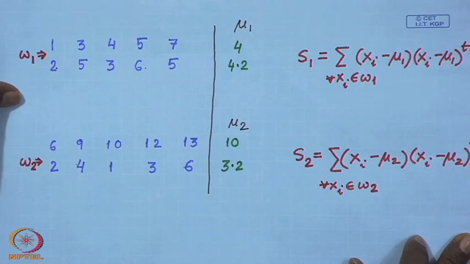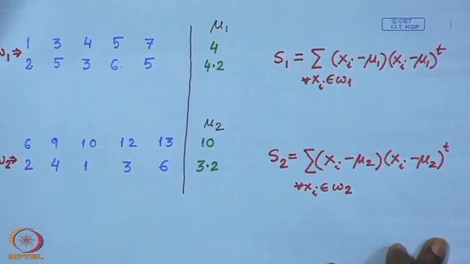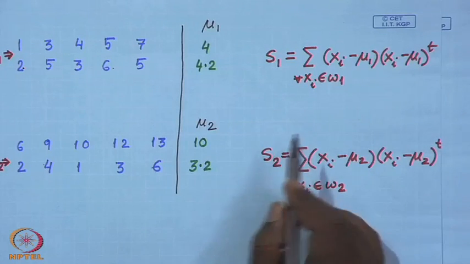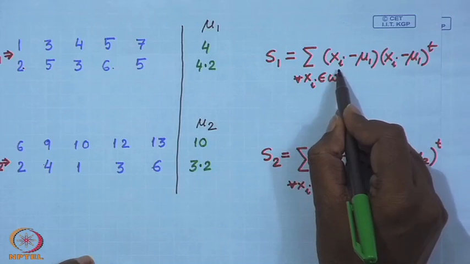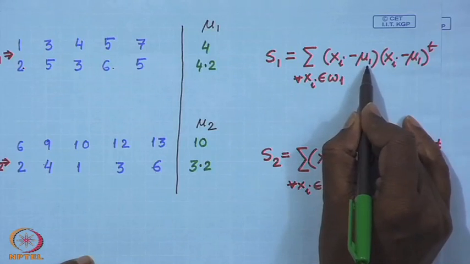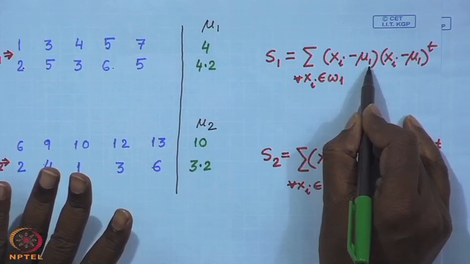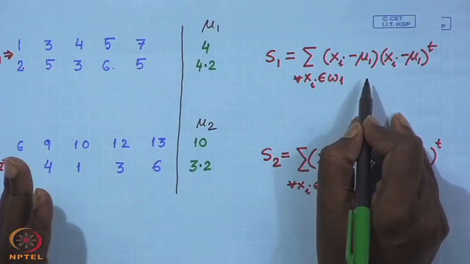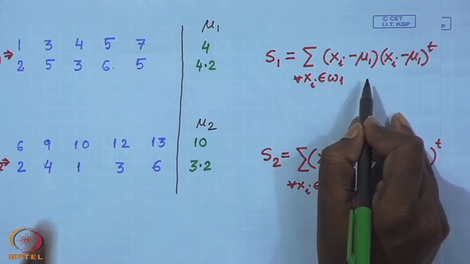The scatter of data points belonging to a particular class is defined by this. It is the sum of x i minus mu 1 into x i minus mu 1 transpose, where mu 1 is the mean of the feature vectors belonging to class omega 1. So, for every vector x belonging to class omega 1, I have to compute x minus mu 1 into x minus mu 1 transpose.